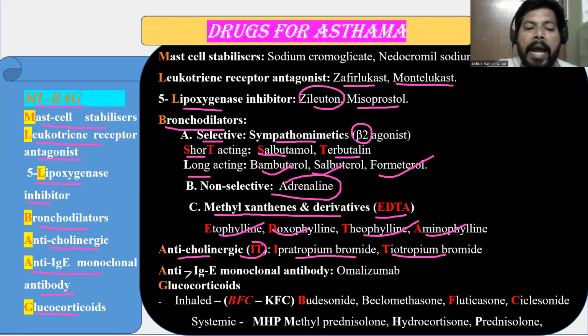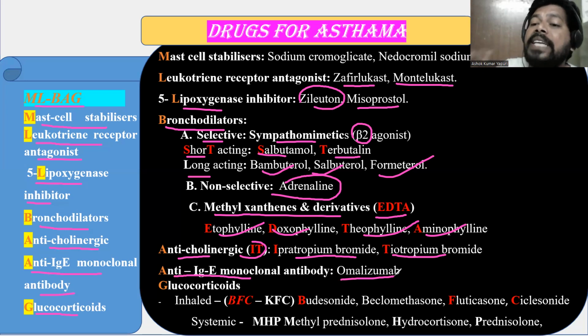And next is anti-IgE monoclonal antibody. Omalizumab is a monoclonal antibody that opposes the IgE antibody function. IgE is responsible for severe allergic reactions, and in asthma, severe allergic reactions may develop into inflammation also.